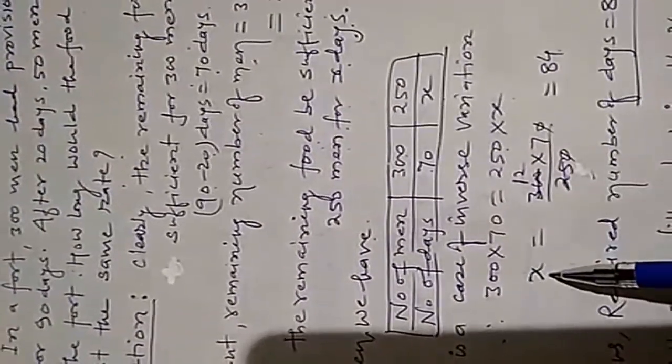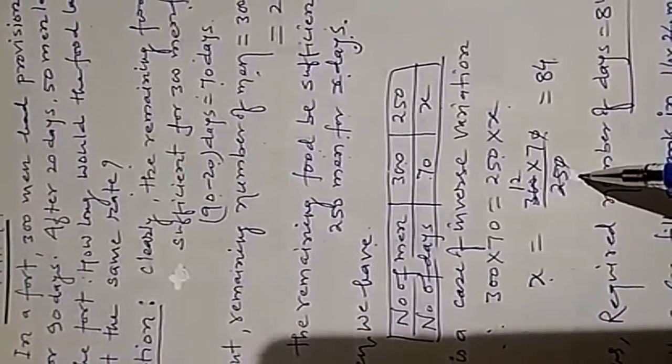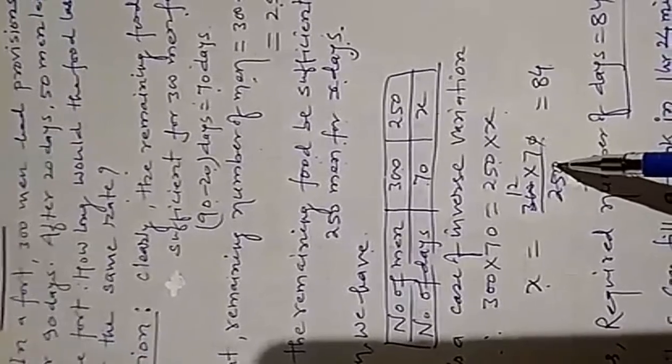It is a case of inverse variation. Therefore, 300 into 70 is equal to 250 into X. Therefore, X is equal 300 into 70 by 250. 0 cancel.